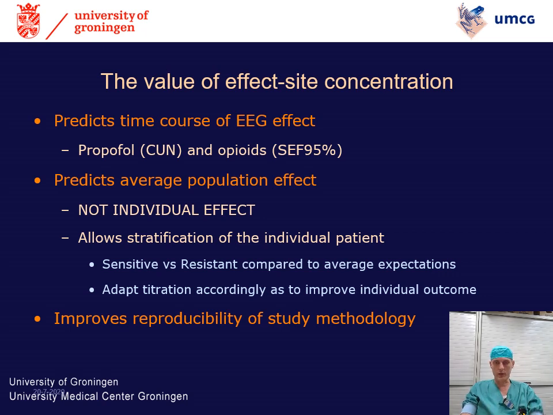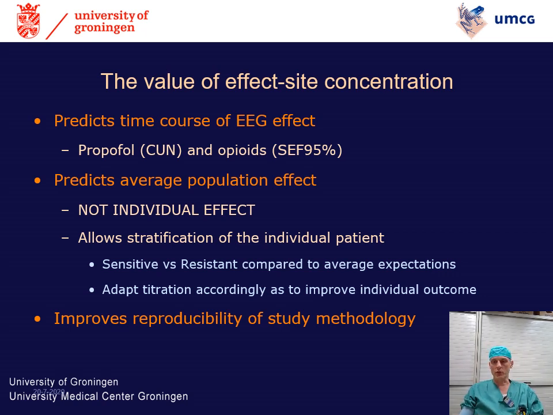I will give you an example to clarify this, but we will be able, by using an effect site control TCI, to diagnose the sensitivity of our patient in an objective way and adapt a titration for the remainder of the case. So a sensitive patient will receive less drug and a resistant patient will receive more drug than average. But in the end, this will result in a consistent outcome during maintenance and recovery of your anesthesia.